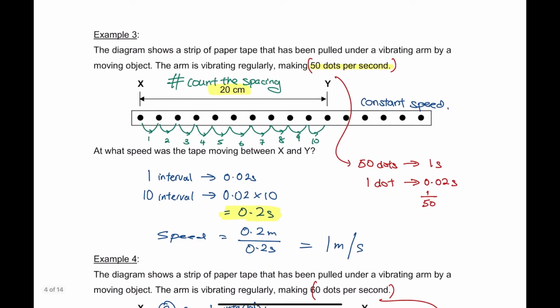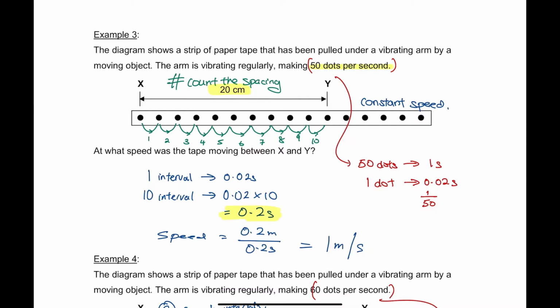For example 3, it's mainly telling you about a vibrating arm that is making 50 dots per second, and the distance in between each other. If there are 50 dots in 1 second, 1 dot takes 1/50 seconds.